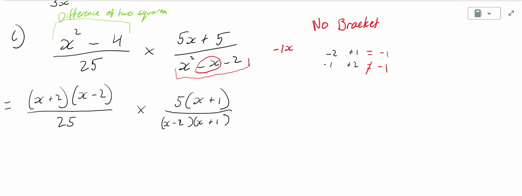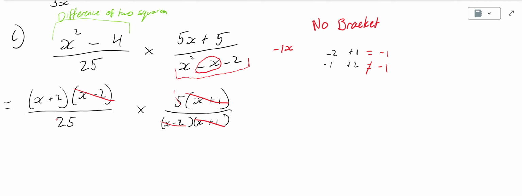Now that we have that, we can go through our numerators and denominators and cancel out. So the first thing I'm going to do is cancel the x + 1 and x + 1. Then I'm going to find my x - 2 and x - 2. What are we going to do with this 25 and this 5?